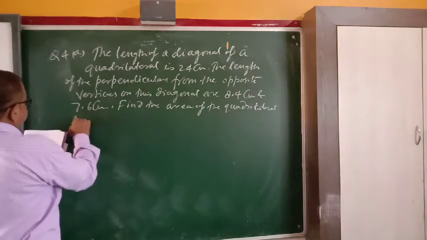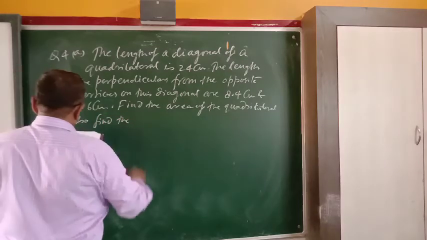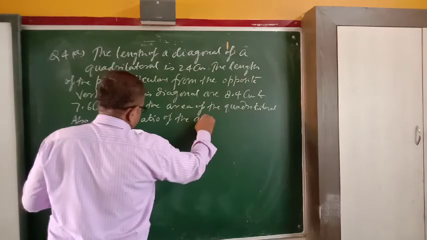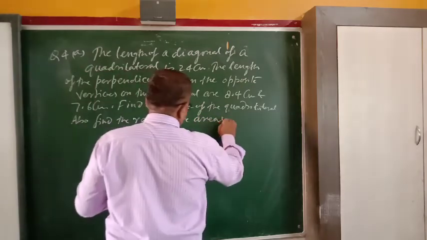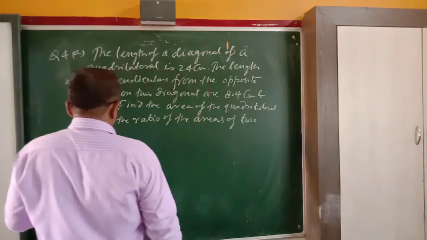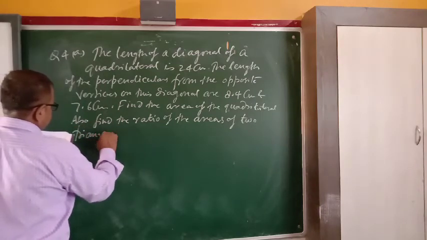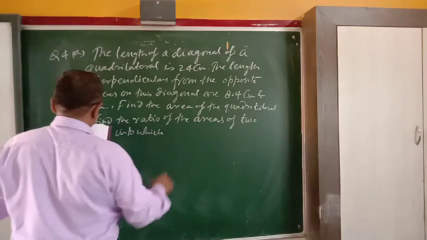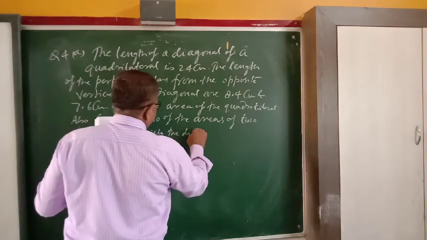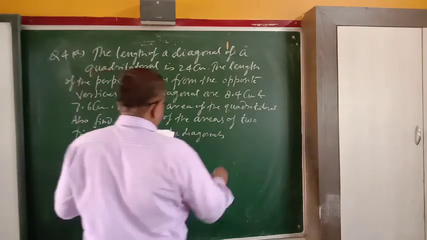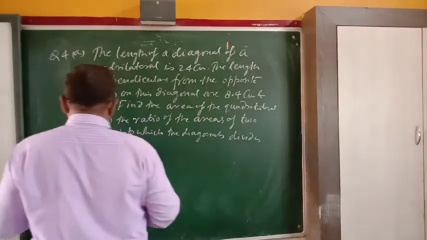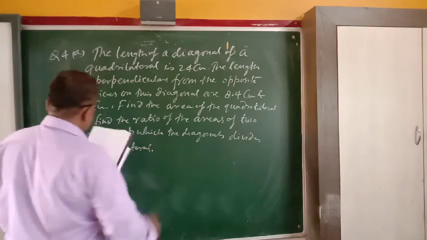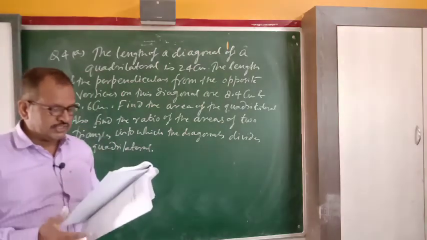Also find the ratio of the area of two triangles into which the diagonal divides the quadrilateral.